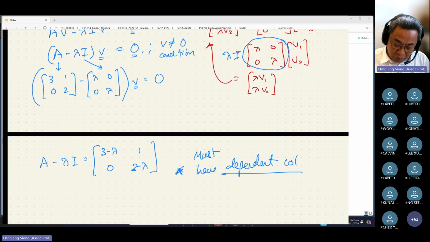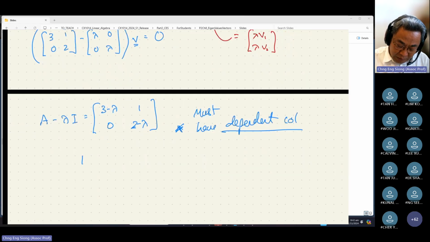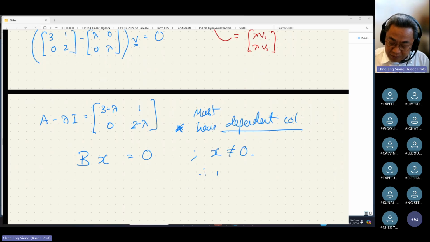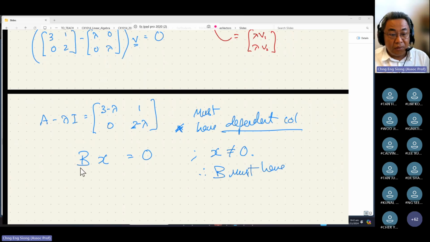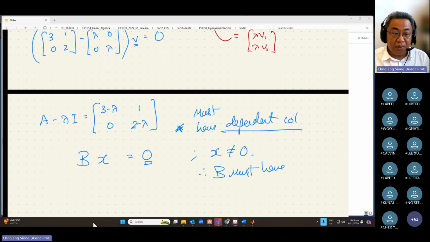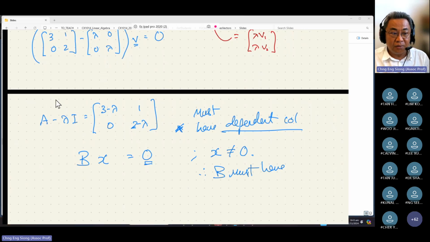Okay, I'm going to rewrite this. Let's call this matrix B. BX equals 0, X is not equal to 0. Therefore, B must have dependent columns.